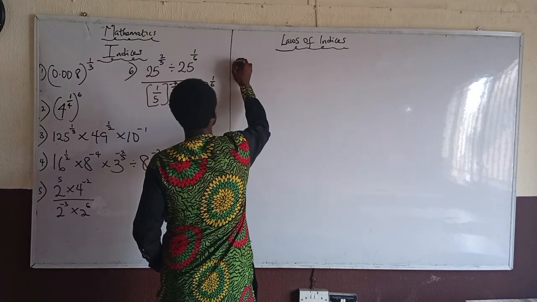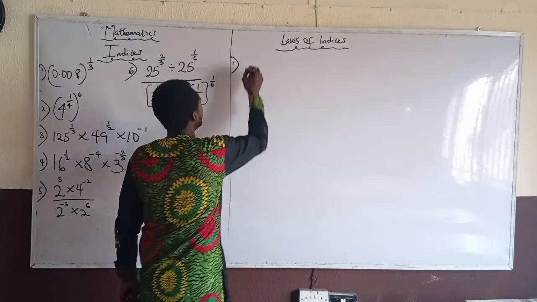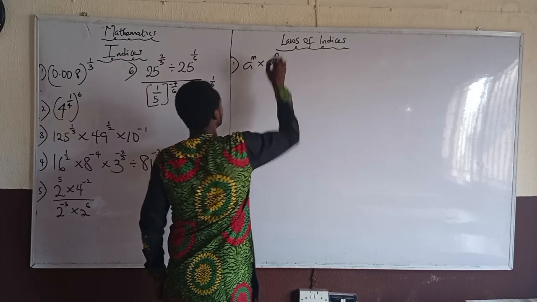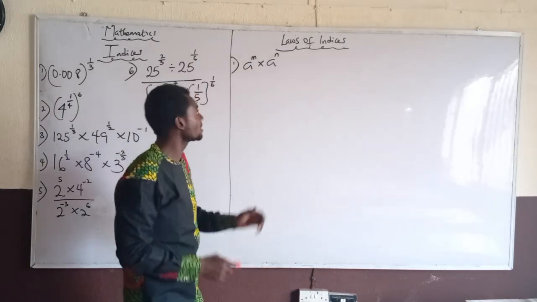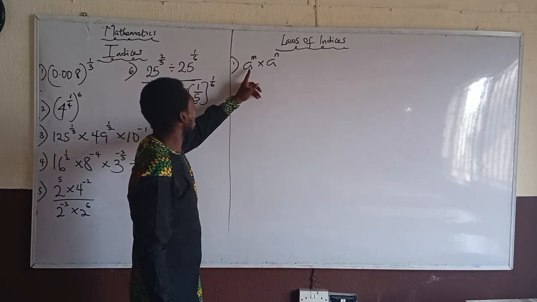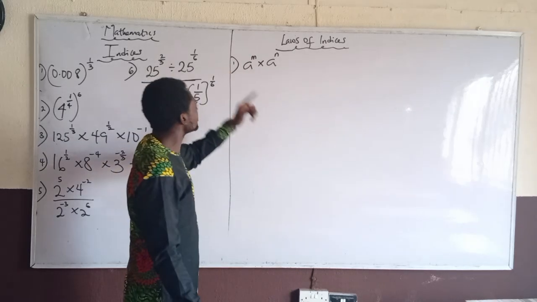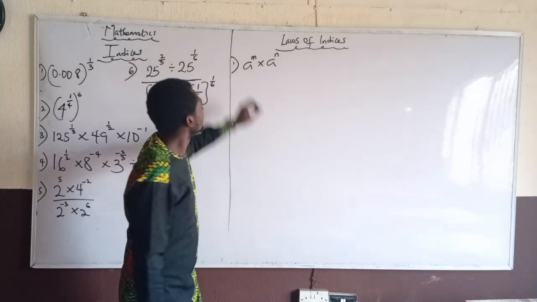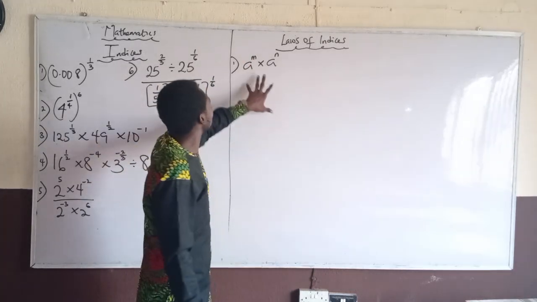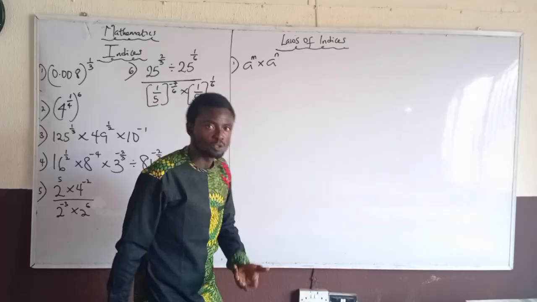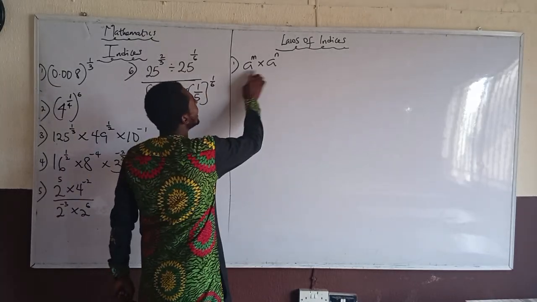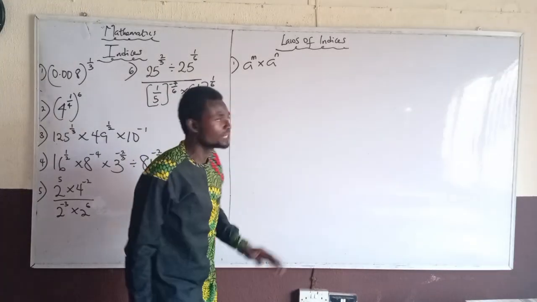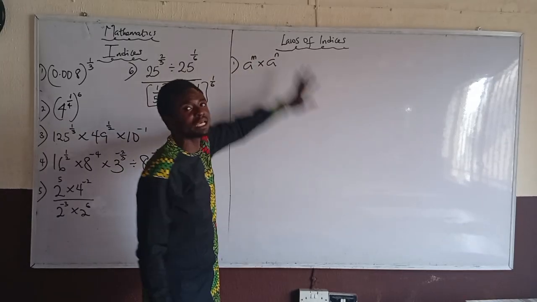The first law: I have A raised to power m times A raised to power n. It means that I have A raised to power m multiplied by A raised to power n. The number down is the base, the number up is the power. Since I'm using letters to give us the laws, A is my base, and m and n are the powers.